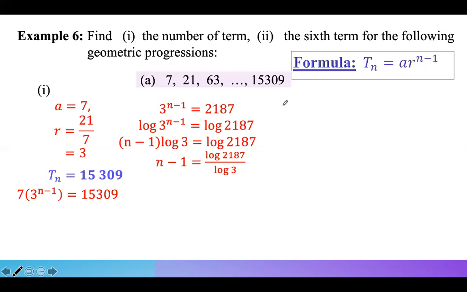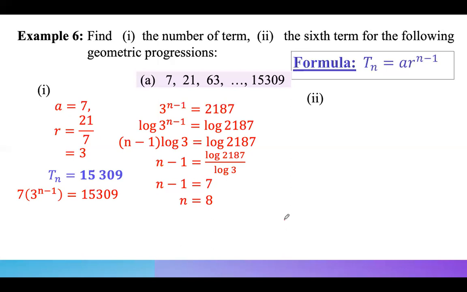You use your calculator for this part, and you get n-1 equals 7, so n equals 8. So the number of terms is 8. The 8th term will be 15309. So from 7 until 15309, there are 8 terms.